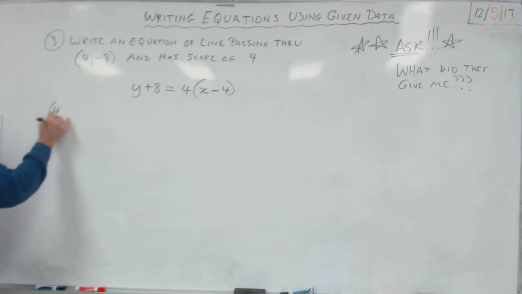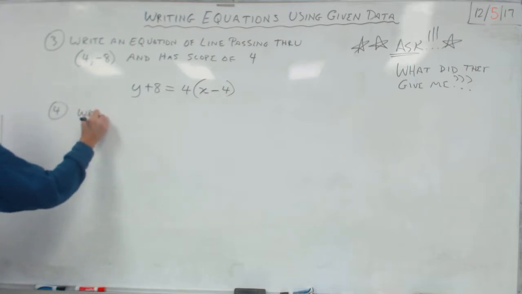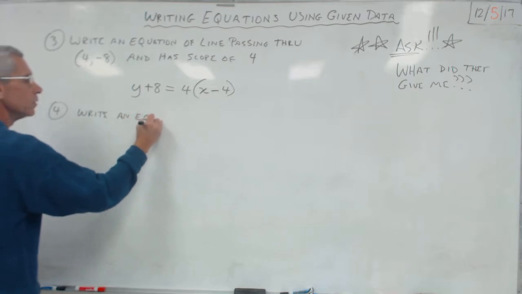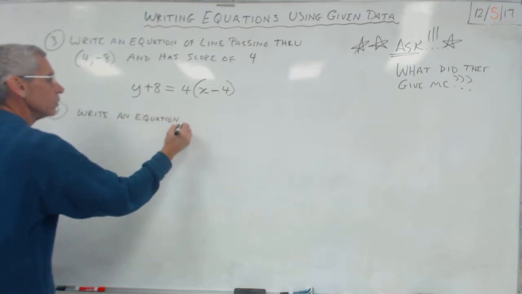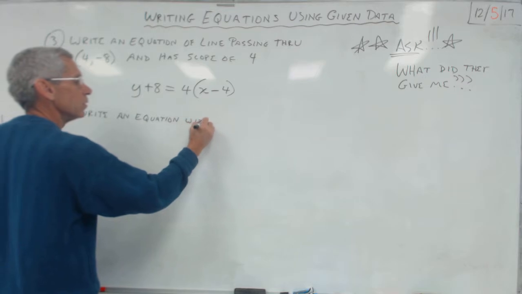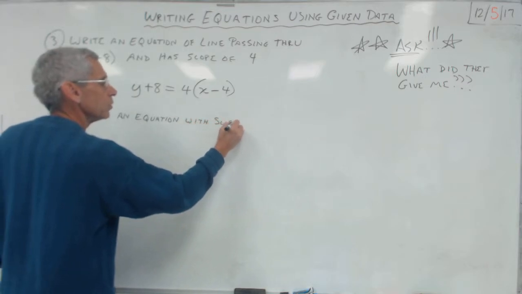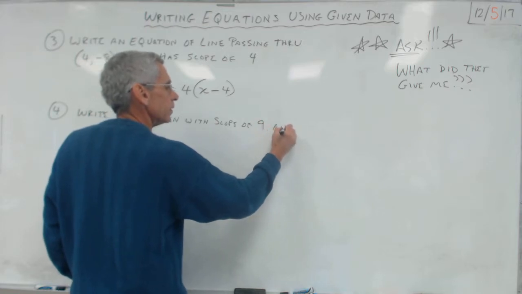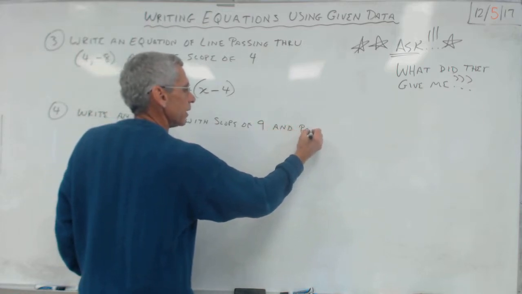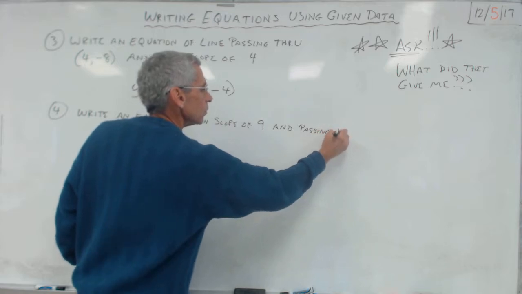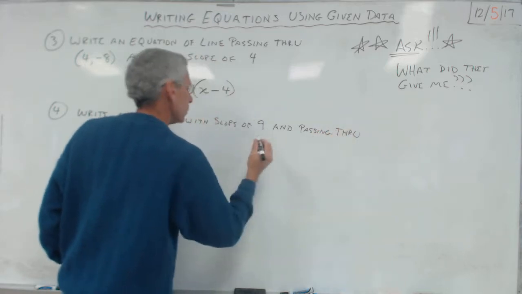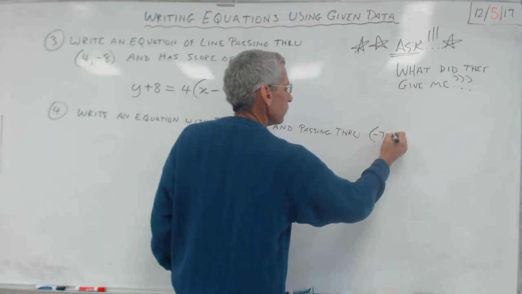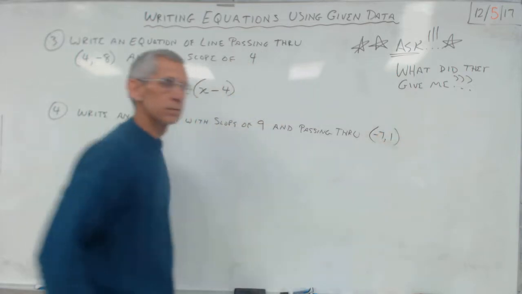All right, we'll try another like that. Write an equation with slope of 9 and passing through (-7, 1).